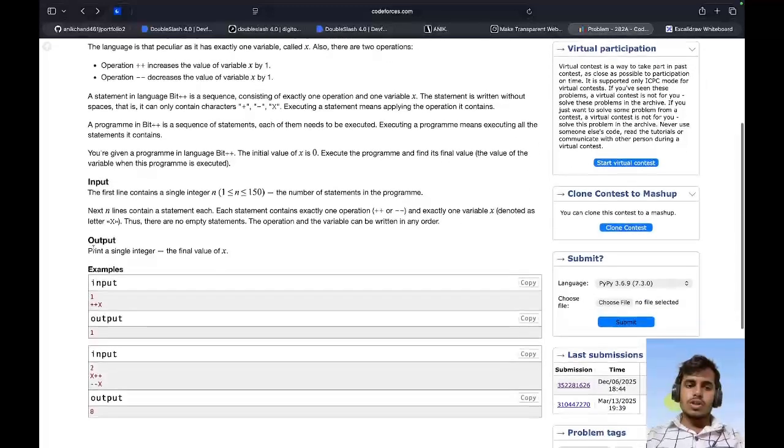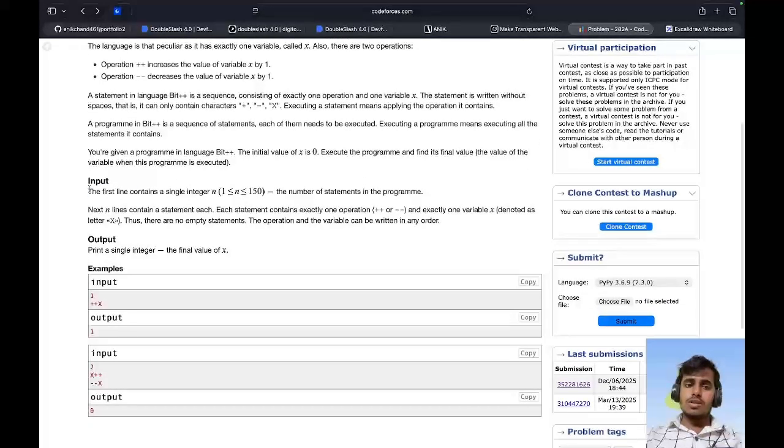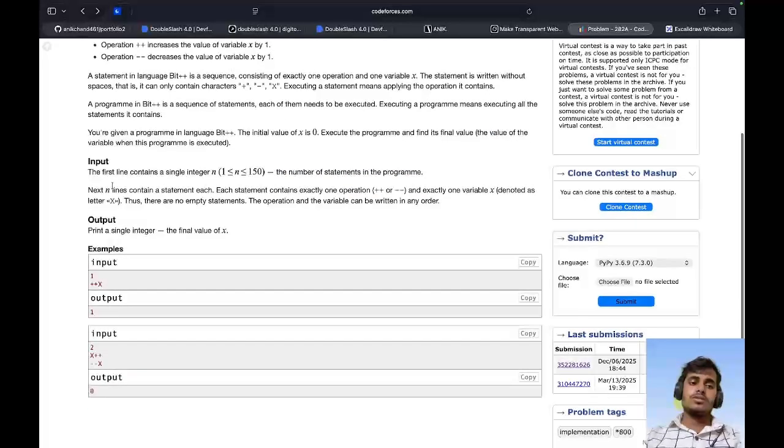So check the inputs. At first the input is a single integer n, between 1 and 150. It is the number of statements in the program, meaning the number of lines to execute. The next n lines each contain a statement.